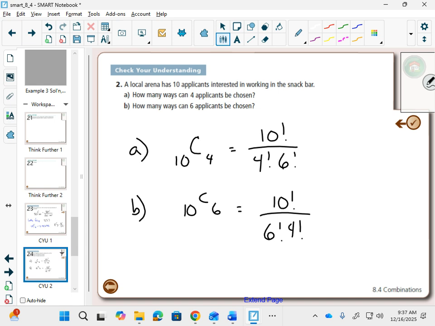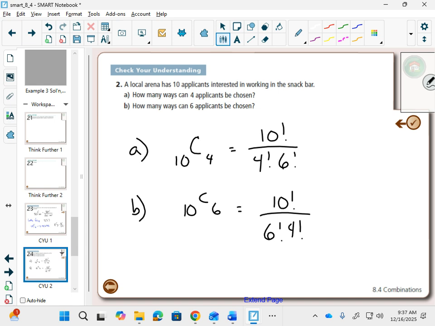Does it make sense that when I make a group of 4 where the order doesn't matter, I'm left with a group of 6 where the order doesn't matter? So choosing a group of 4 from 10 is identical to choosing a group of 6 from 10.